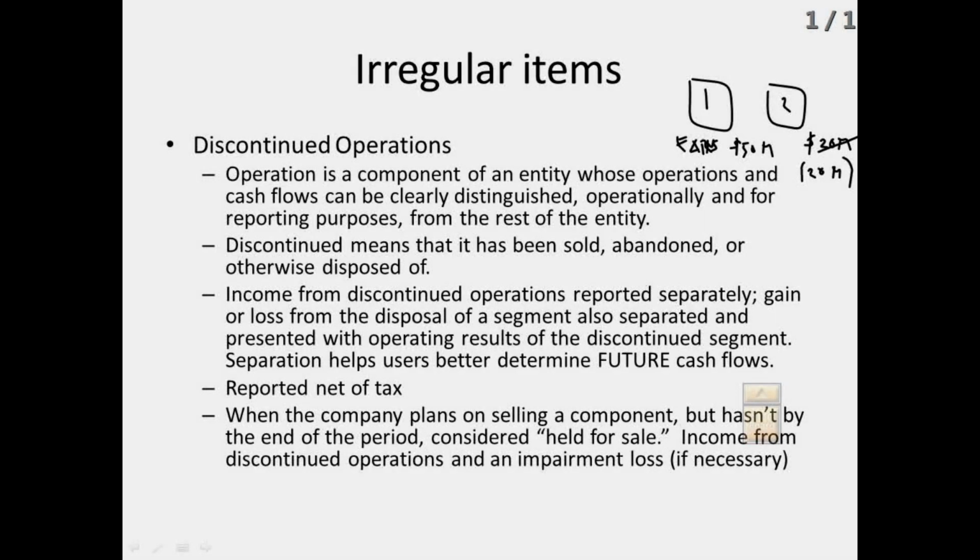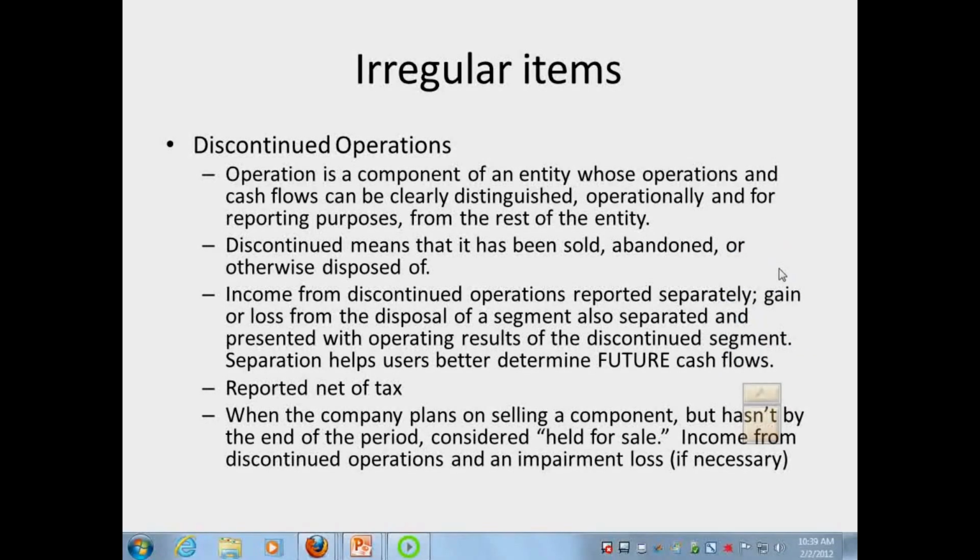But it's only the income prior to the sale that shows up here. Once I sell it, then not only the income from the current period, but also, if I have a list of assets and I sell those, any gain or loss on them also shows up down here. It'll be much clearer if we use an example, and then you can see how it works.